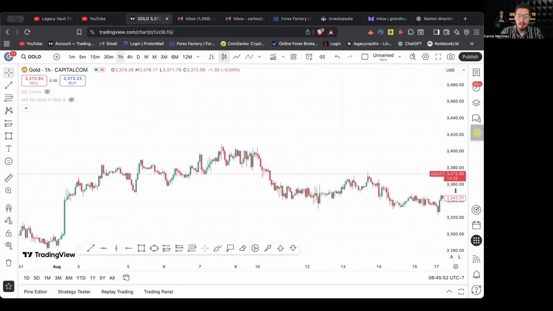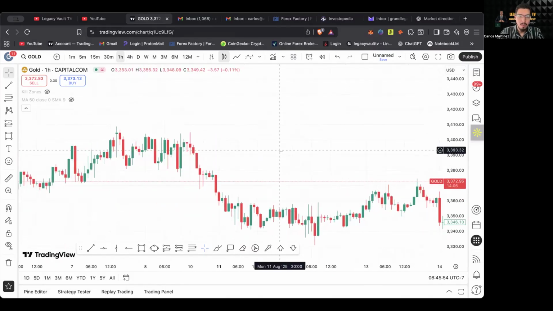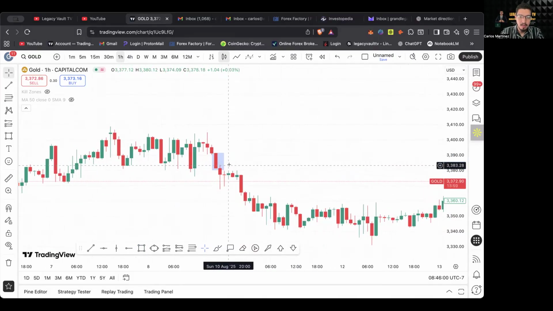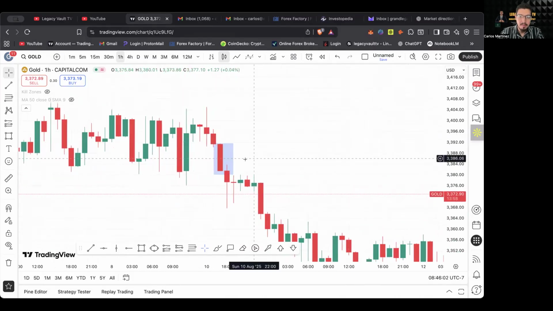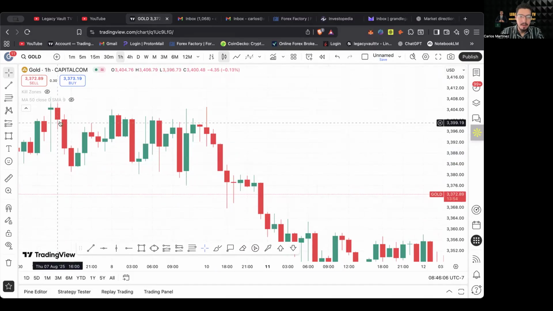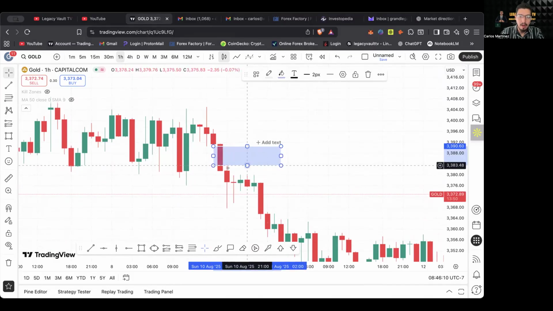Now we look back, we have this imbalance here. This imbalance candle right here. Why is it an imbalance? Because there's a gap. Whenever you see a gap happening in the market, you have this gap right here that price hasn't filled.